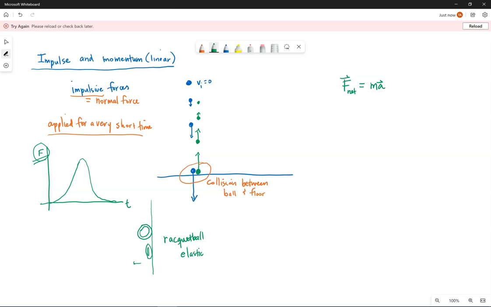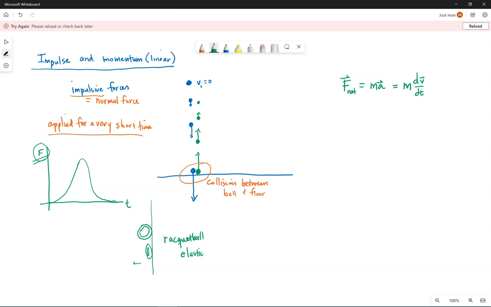What we're going to do is make a new relationship in here. If you remember, acceleration is the rate at which the velocity is changing. So it is the derivative of the velocity as a function of time.